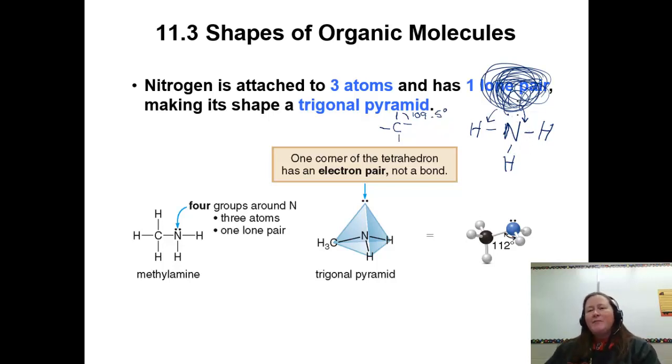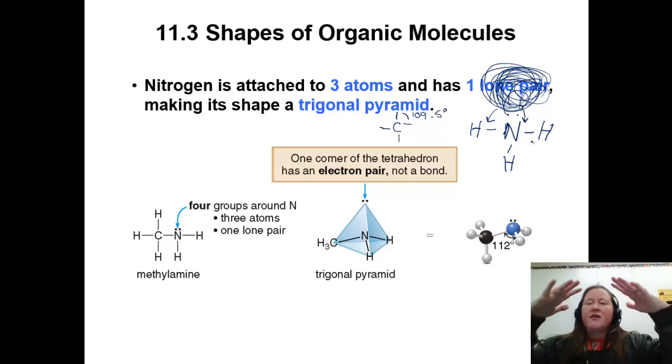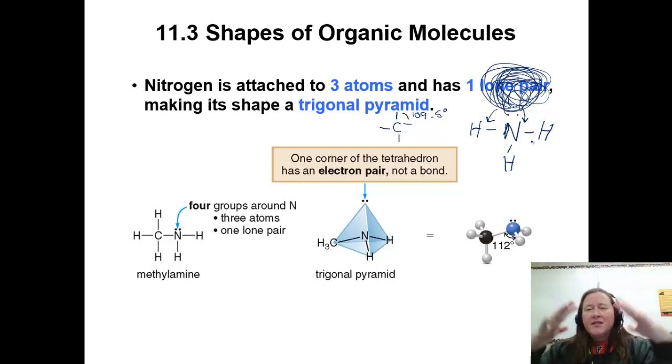So had this been an atom that was attached, our bond angle with 4 things being attached would be 109.5. Since this is not an atom and it's a lone pair of electrons, and it is pushing this downward force, it's causing those hydrogens to come a little closer to each other than they ordinarily would.